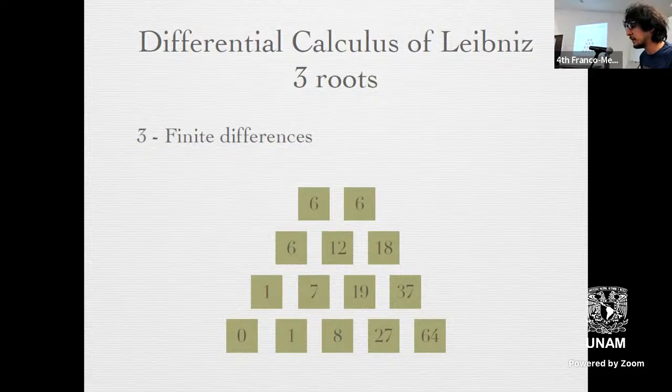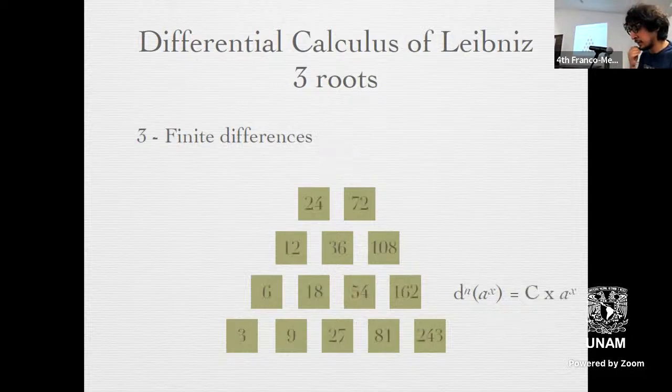For example, here, the third difference of the cubes is 6, and the fourth difference of the cubes is 0. And you can obtain that the differential of a geometric progression is again a geometric progression with the same ratio.